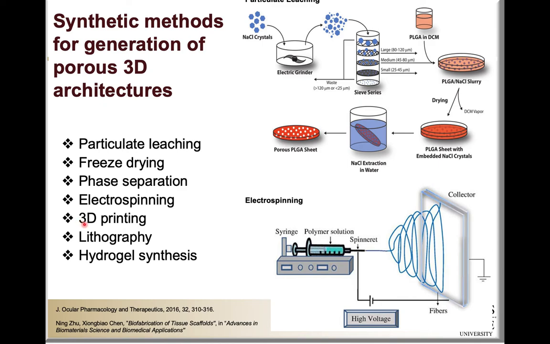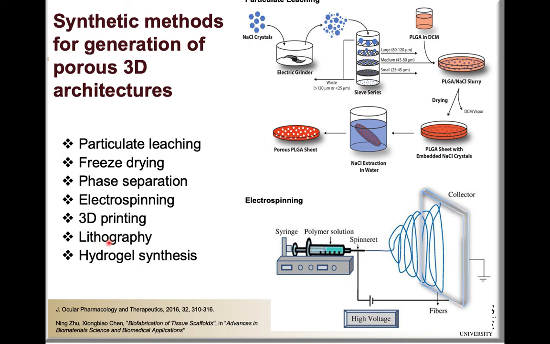Three-dimensional printing, or 3D printing, has also been utilized to generate these porous structures, because of course you have high control over the geometry that you are able to form. Lithography is another method where you can create very complex architectures. Lithography can include both photolithography as well as electron beam lithography.